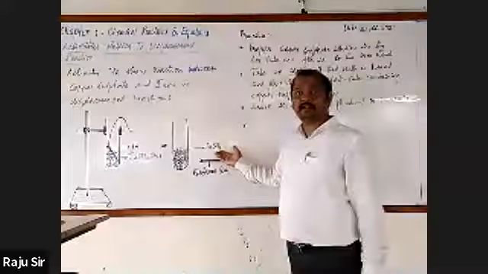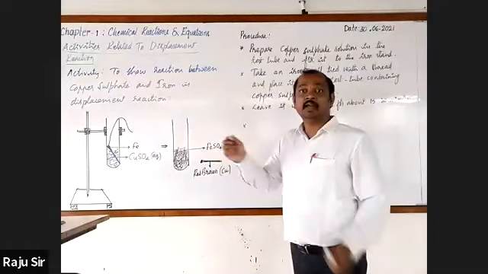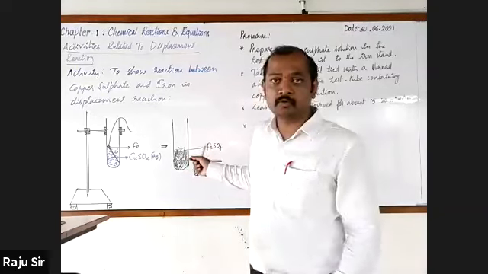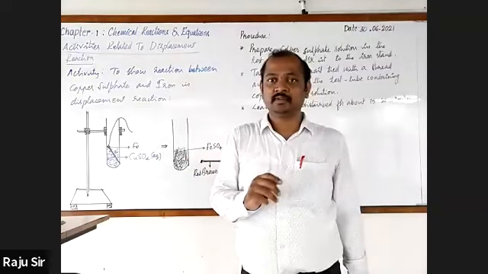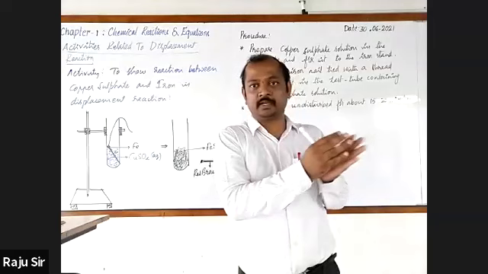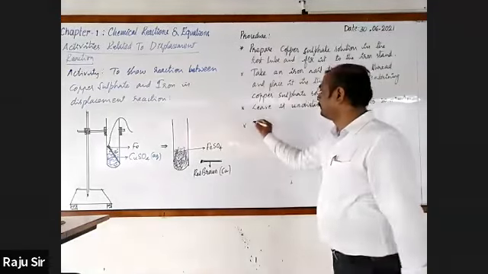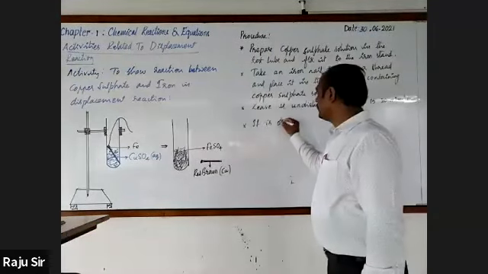And on the nail, of course, there will be a red brown coating. That indicates copper is separated.